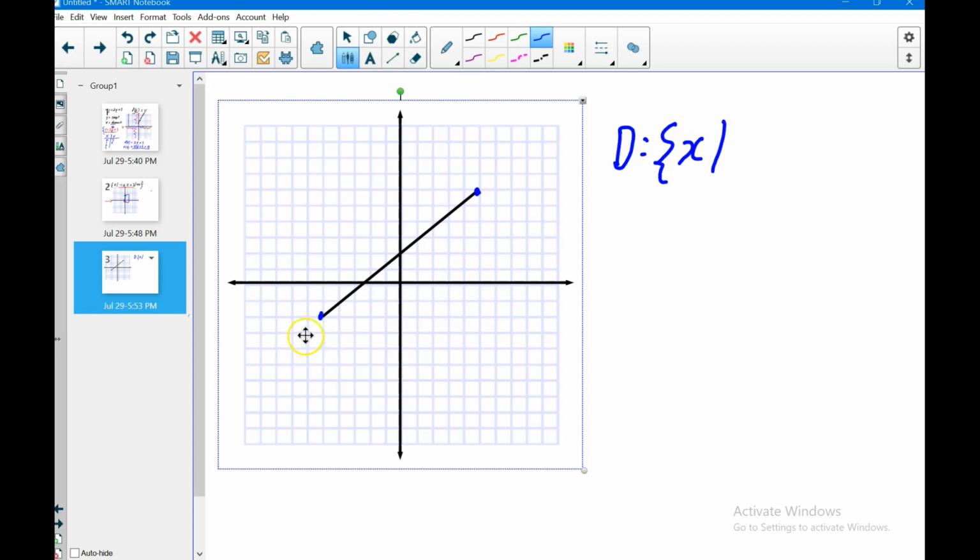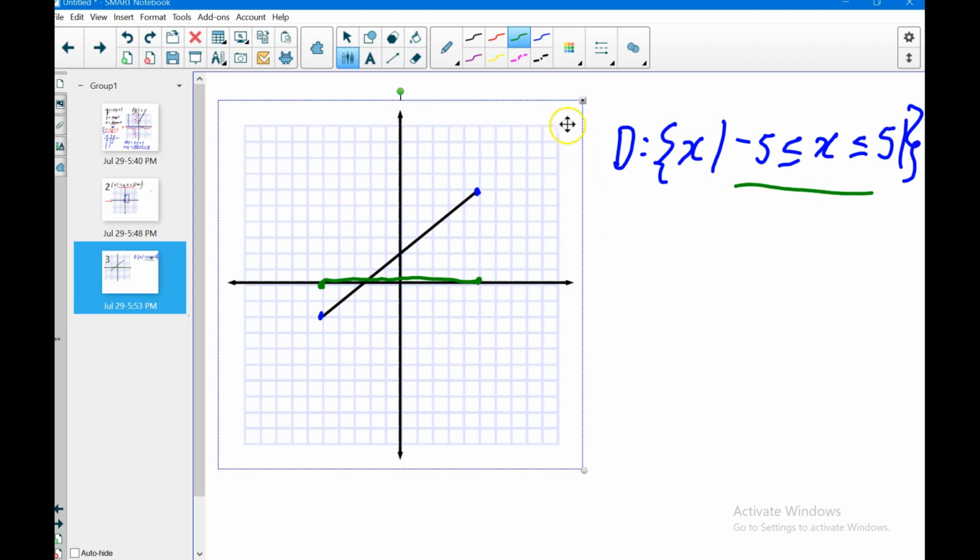What's this number back here? 1, 2, 3, 4, 5. It's a closed dot, so it's negative 5. So x has to be greater than or equal to negative 5, and over here, also less than or equal to 5. What that means is that the x values will only go from here to here. That's the domain.